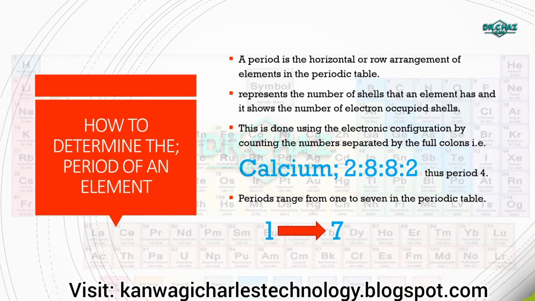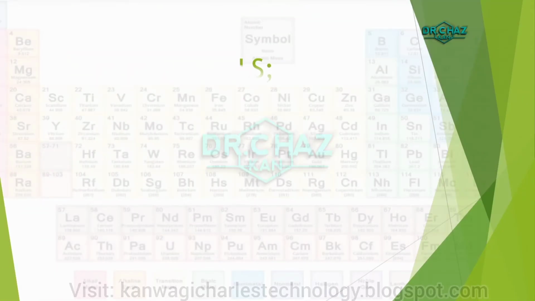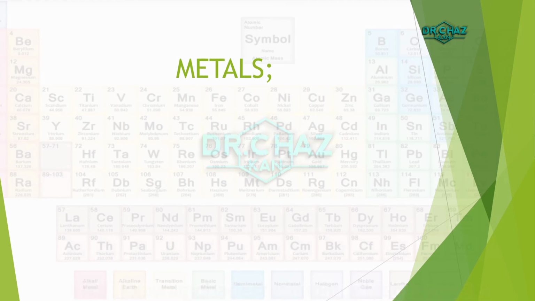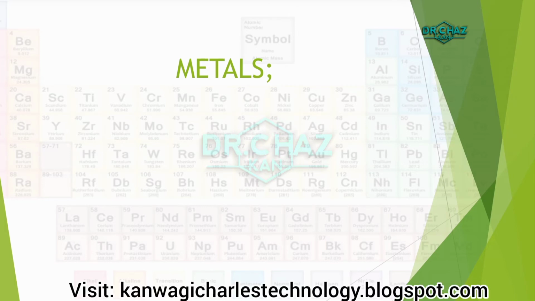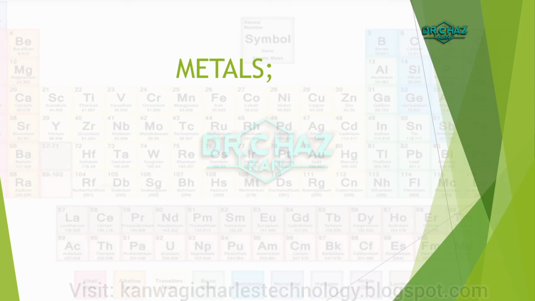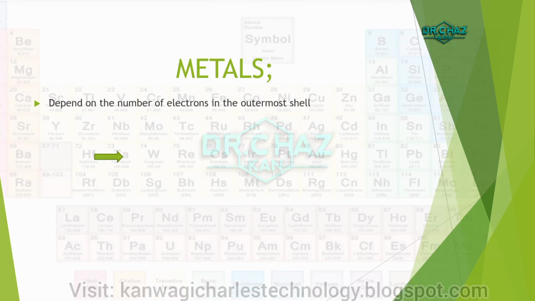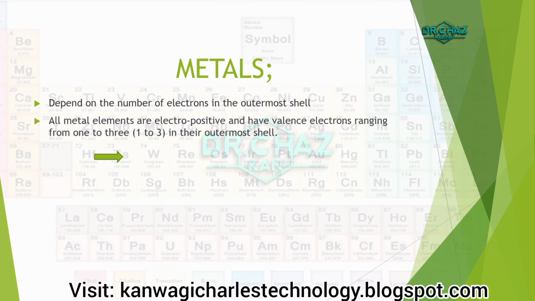We move to metals and non-metals. How to determine metals and non-metals. We first talk about metals. For you to know whether something is a metal or non-metal, we depend on the number of electrons in the outermost shell. All metals are electropositive and have valences ranging from 1 to 3 in their outermost shell.